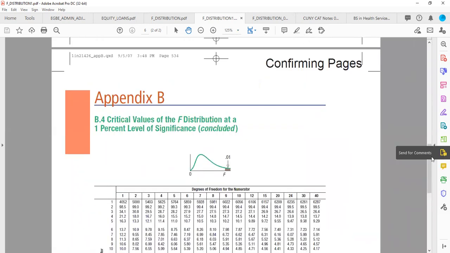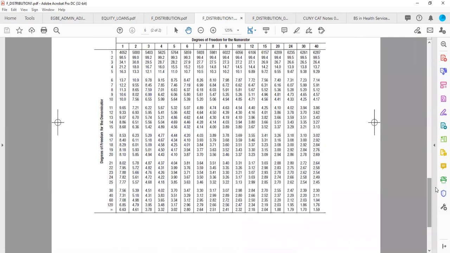As you can see here, if you look at 2 degrees of freedom and go down to 120, the critical F value we're going to use is 4.79. Take note of this. We're going to use a critical F, or an F star. Our F star will be 4.79.